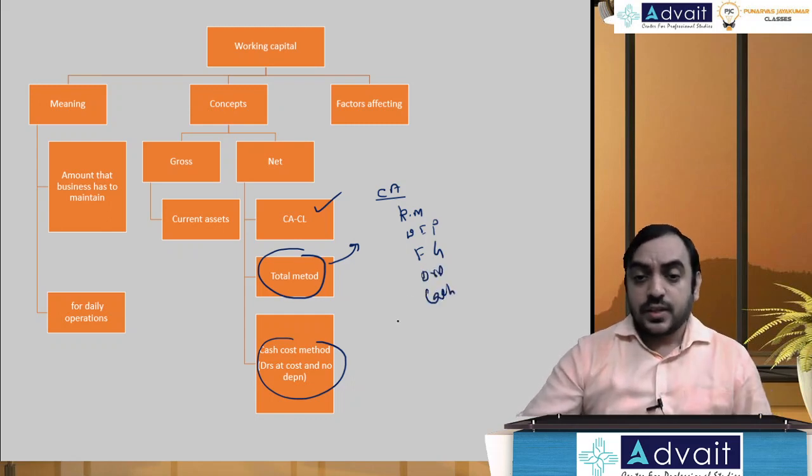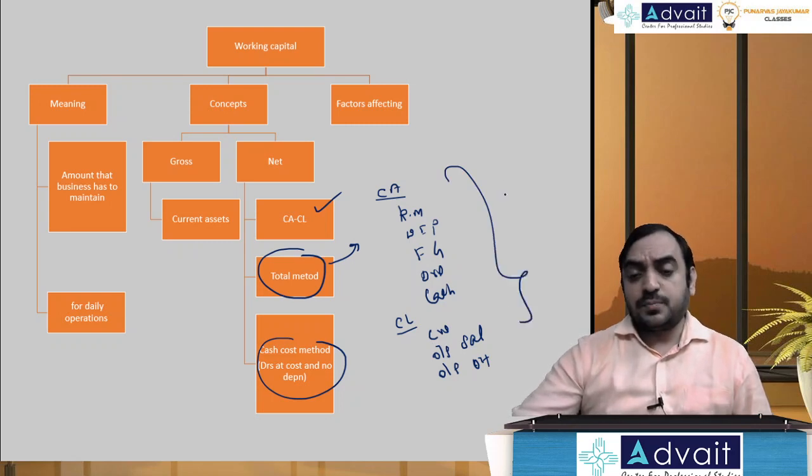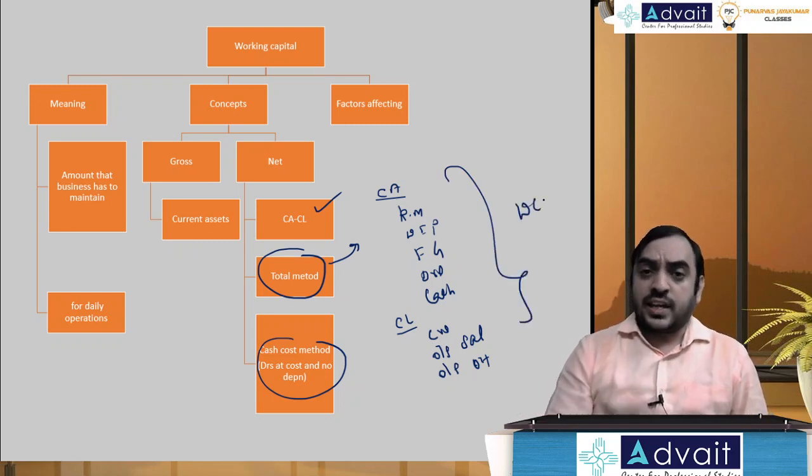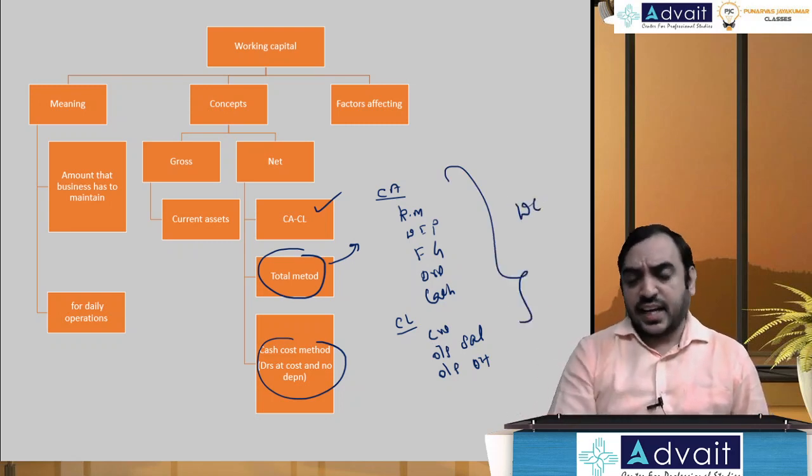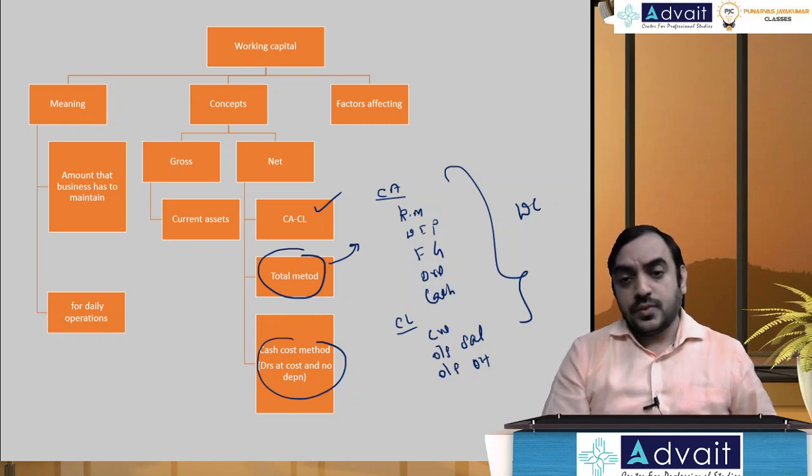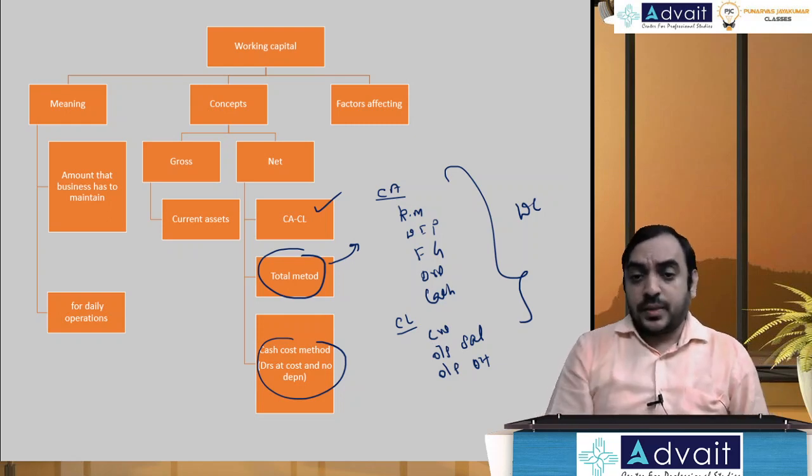Current assets minus current liabilities. You will have creditors for raw materials, outstanding salaries, wages, outstanding overheads, current liability, and current assets minus current liability will give you working capital, also called as net current assets. But that is balance sheet method.